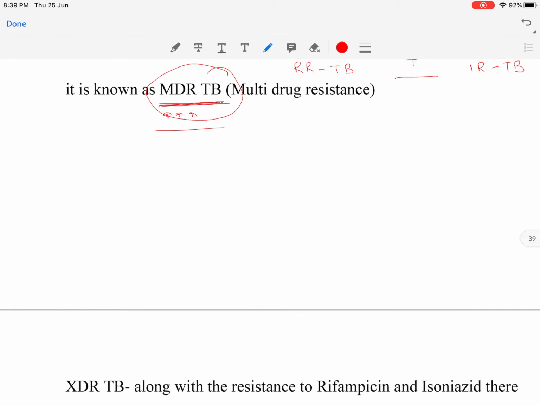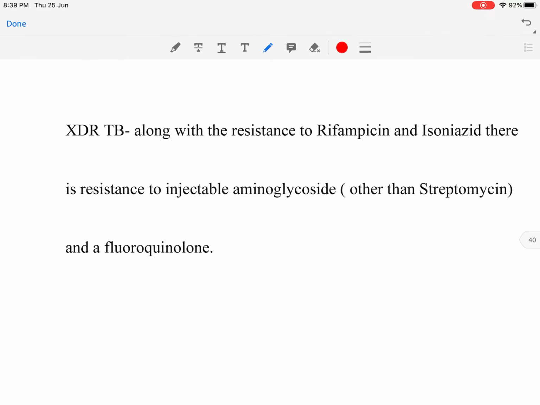Other than multi-drug resistance, another terminology that is used is XDR-TB, extensively drug resistant TB. In this, there is resistance to both rifampicin and isoniazid, that is MDR-TB, and there is resistance to the second line drugs, that is, resistance to the injectable aminoglycoside and resistance to the fluoroquinolone.